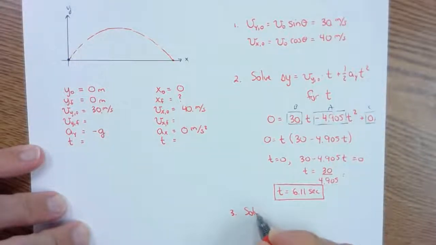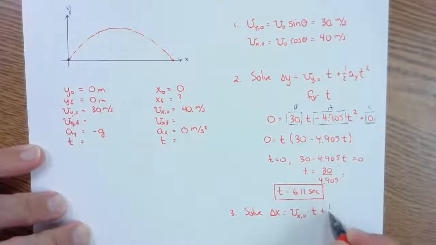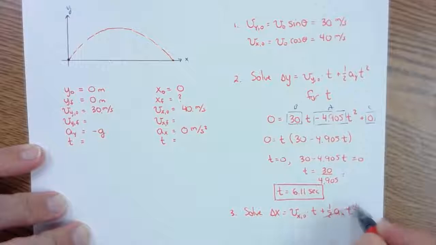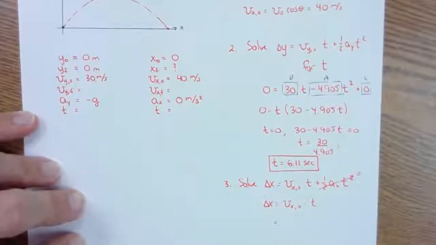I'm going to solve delta x equals the initial velocity in the x direction times the time plus 1/2 the acceleration in the x times the time squared. That, of course, is 0. So the distance it goes horizontally is just the initial velocity in the x direction times the time. And those are things we know.